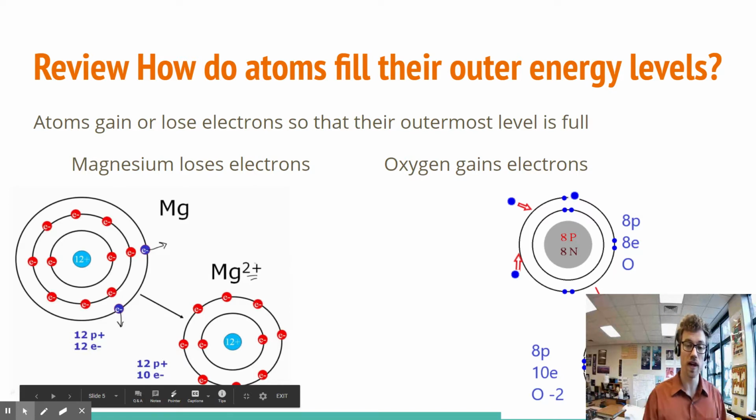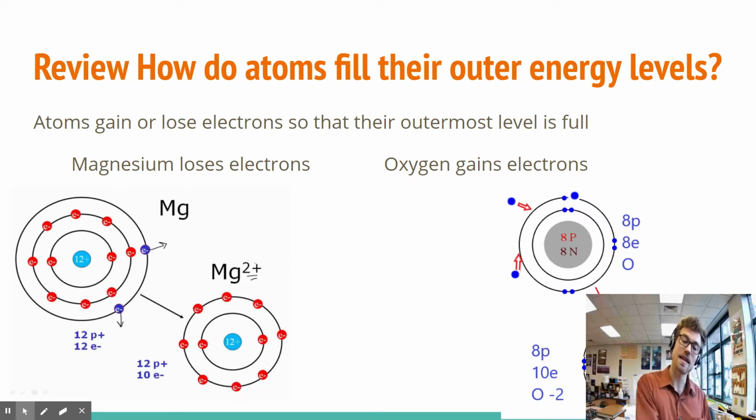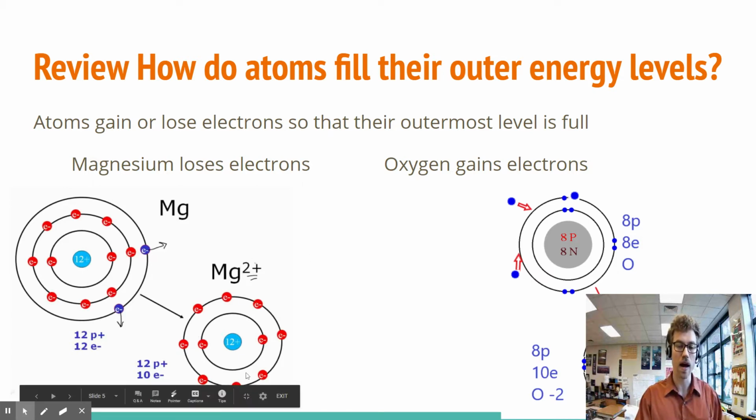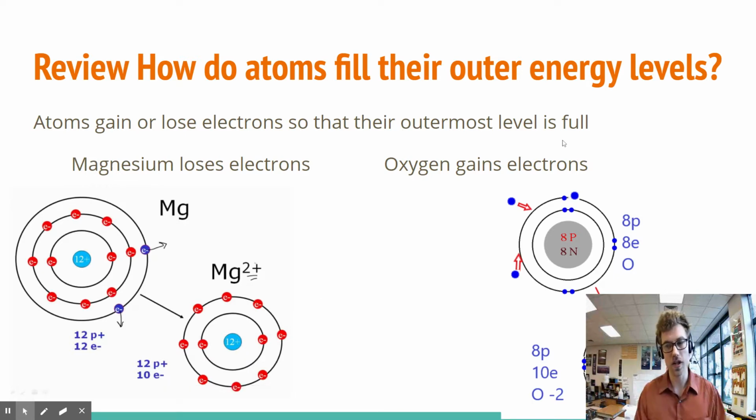So magnesium has 2 valence electrons. It could either gain 6 to get to 8, or it could lose those 2. It's just going to lose those 2 valence electrons, and that is going to make it magnesium with a +2 charge because it has 10 electrons now and 12 protons still. Oxygen, on the other hand, is going to gain 2 electrons. It has 6 valence electrons to start with, right?